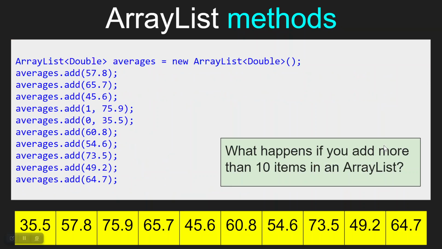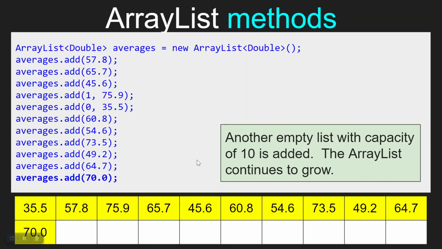Another interesting thing that happens is what happens if you add more than 10 items in an ArrayList. So let's say I had a bunch of other add statements in here, and we've maxed this ArrayList out. It now has all 10 spaces completely filled. If I want to add another one, I can do that, and what it does is add another list of 10 spaces.